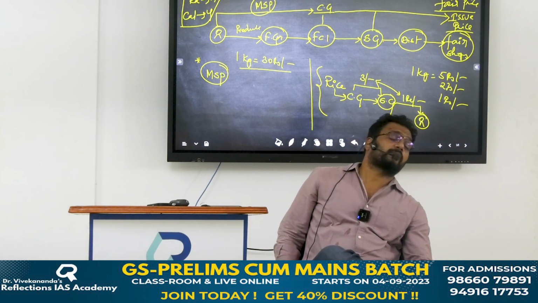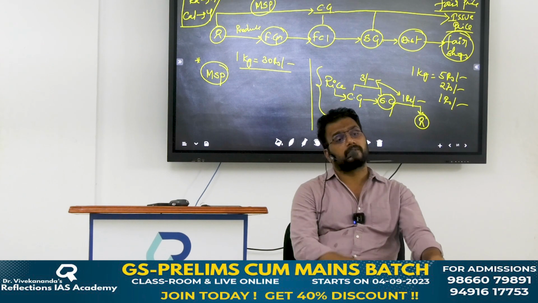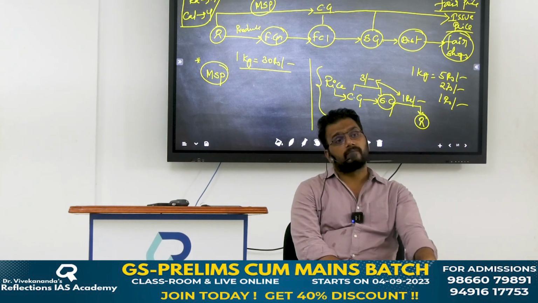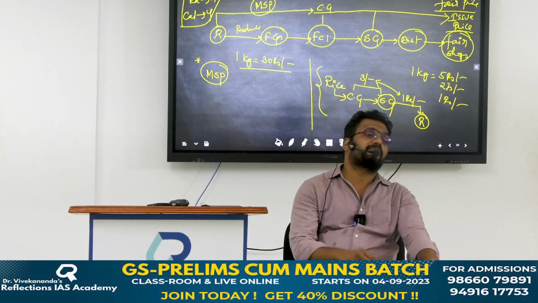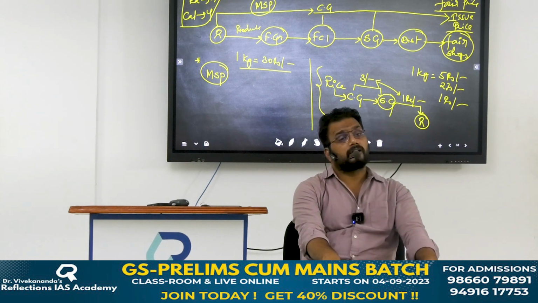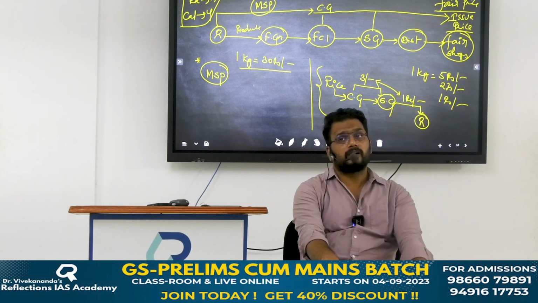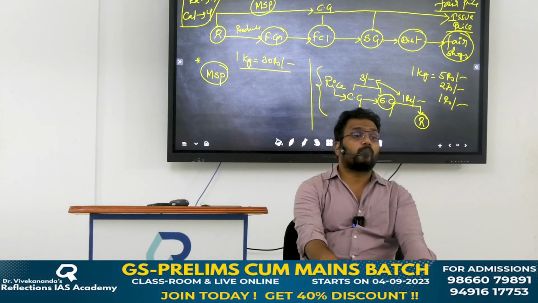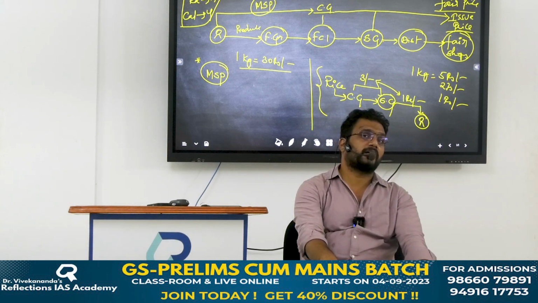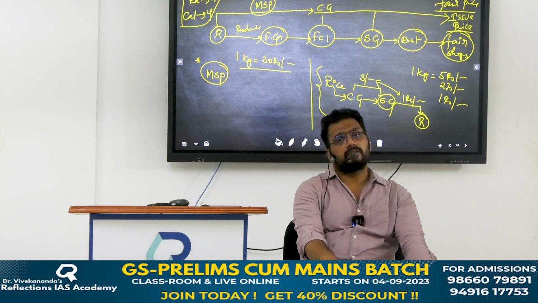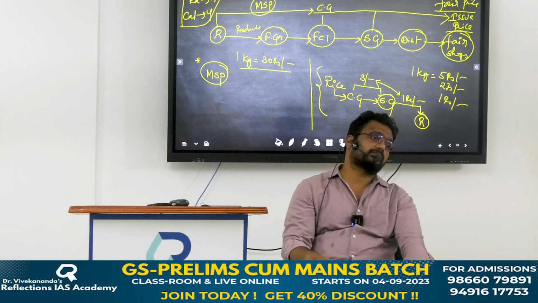Which set of farmers will go for these products? Those farmers who can afford commercial farming. What are the different types of farming? We have commercial farming, we have cooperative farming, and the farming which is for myself.